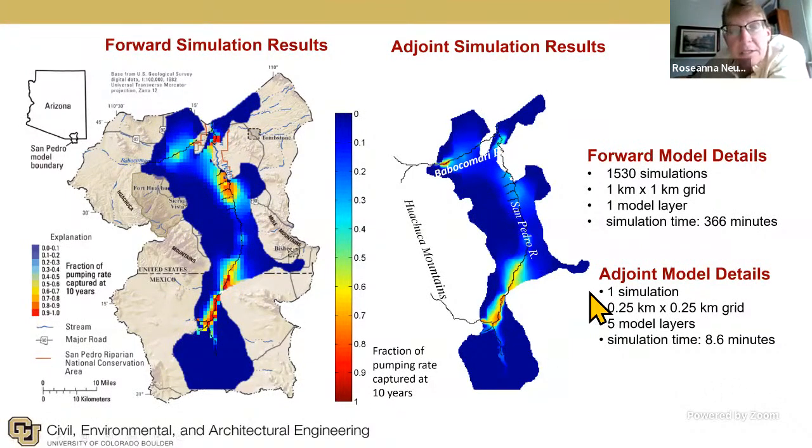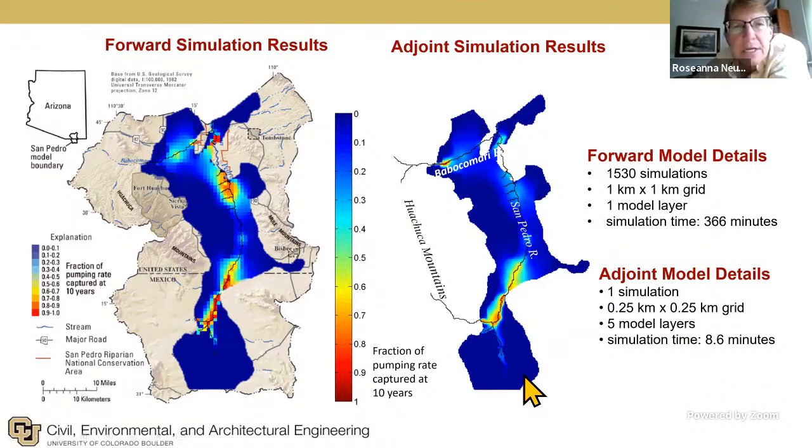This took just one simulation, with a finer 0.25 kilometer by 0.25 kilometer grid. I used 5 model layers, so it's a more accurate model because we're looking at the vertical discretization that wasn't looked at in the simulations on the left. And that whole thing took just about 9 minutes. So it took a lot less time, and we got a lot more accurate information.